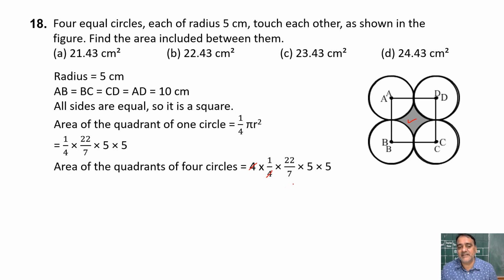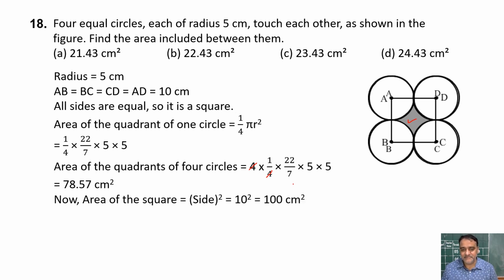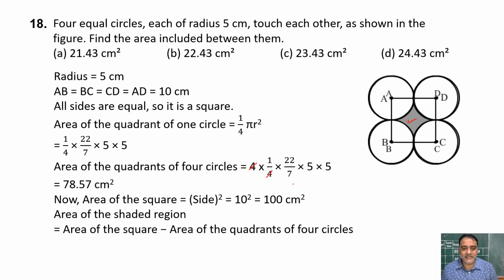That is approximately 78.57 centimeter square. Now area of square is 10 into 10, that is 100. Now we will subtract this from 100, so we'll get 21.43. So the correct option is A, right? So now we are moving toward question number 19.